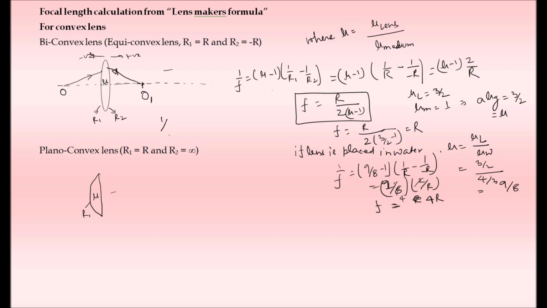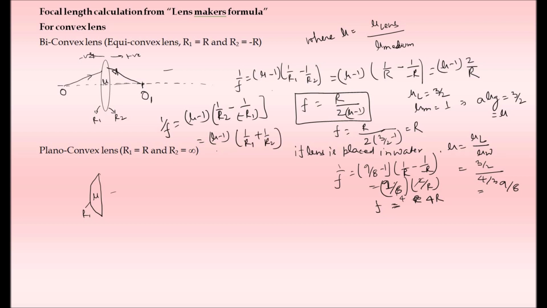So 1/f is equal to (mu minus 1), and here you see that R2 comes with a positive sign because the direction of R2 is in the direction of the incident light ray. So 1/R2 minus 1/R1, and from there we get (mu minus 1) into (1/R1 plus 1/R2).